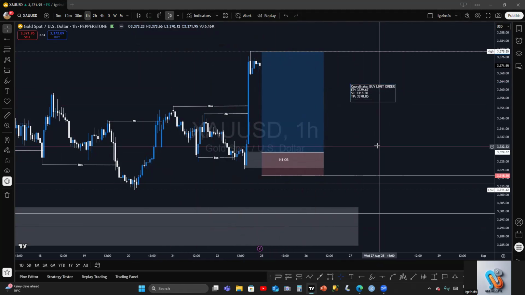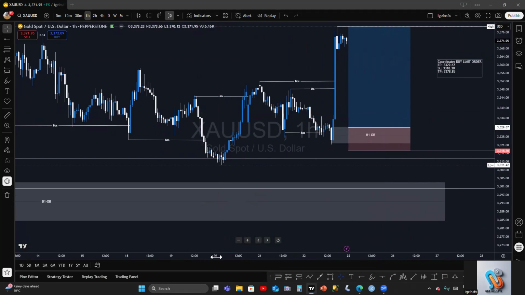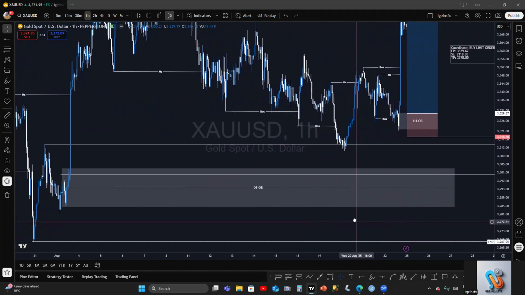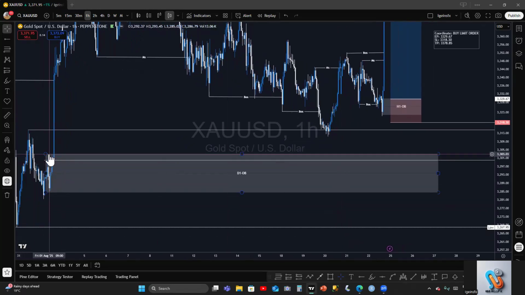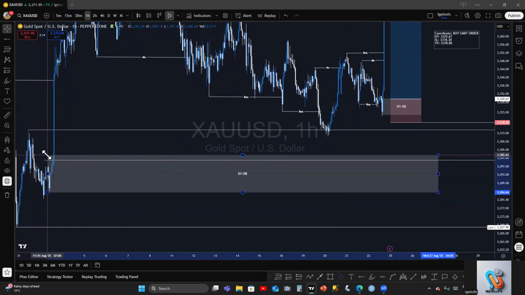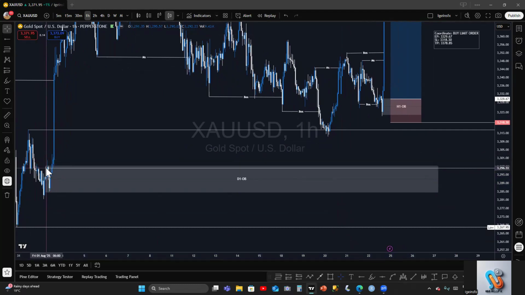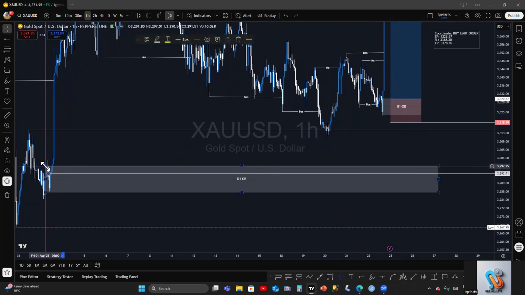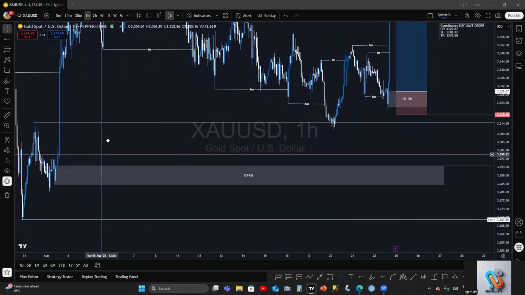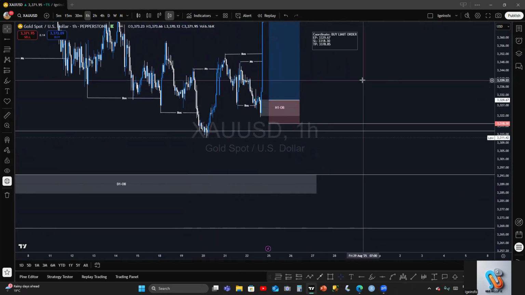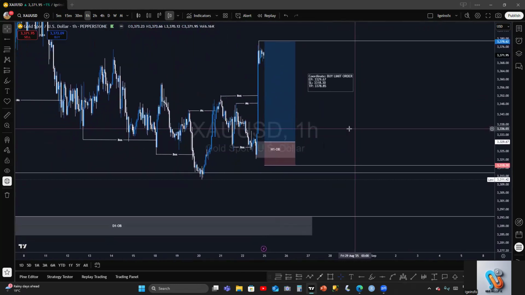So guys, these are the coordinates, and this very point here, if this place did not hold, that means it's going to be used as liquidity.